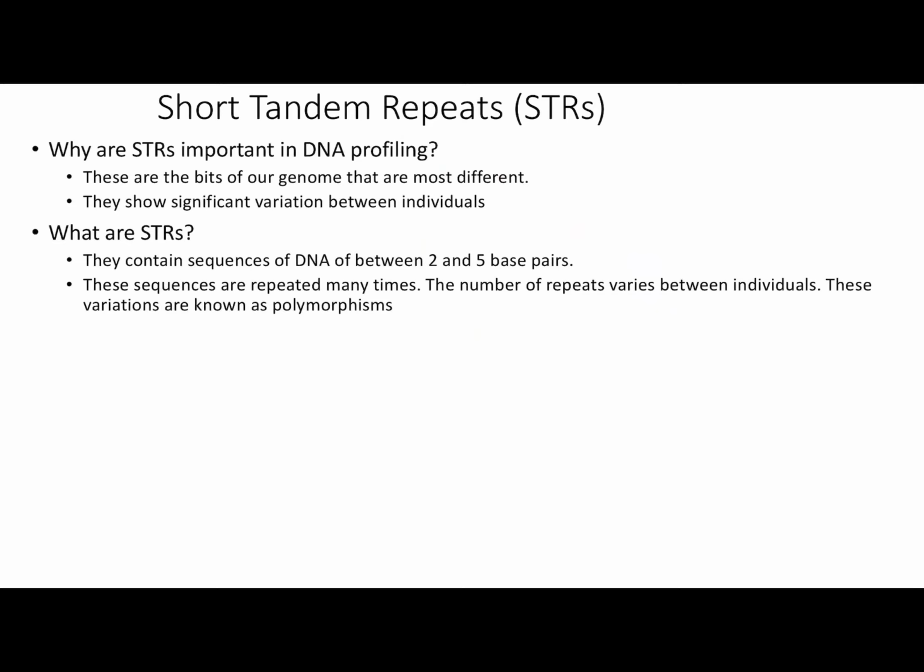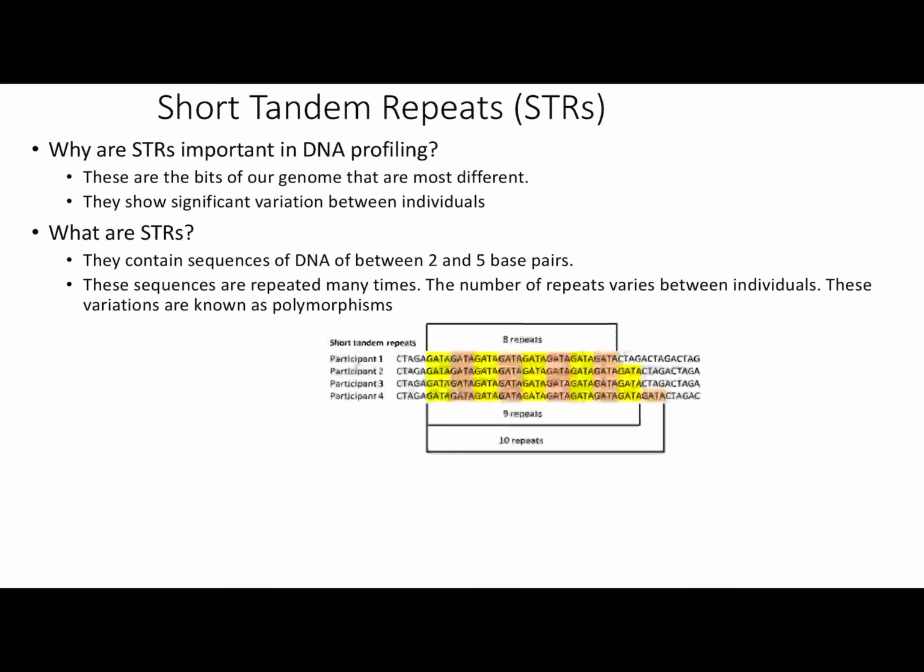And the number of repeats varies between individuals, and these variations are known as polymorphisms. So if we look at this little diagram here, we can see that participant 1 has 1, 2, 3, 4, 5, 6, 7, 8. You can see on the top there.